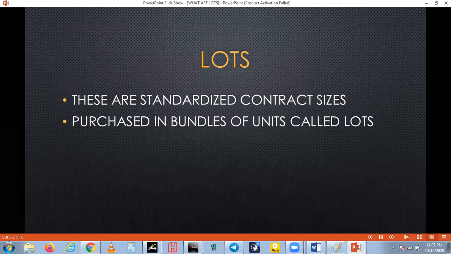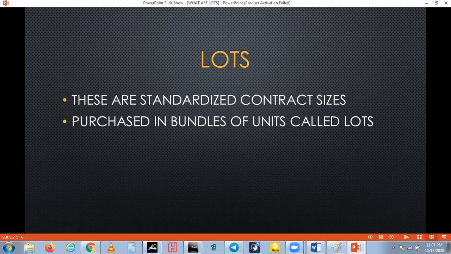It's just like if you go to the market to buy, for example, garri. There's a measurement they use to sell your garri. There's a measurement called Derica, there's Congo.